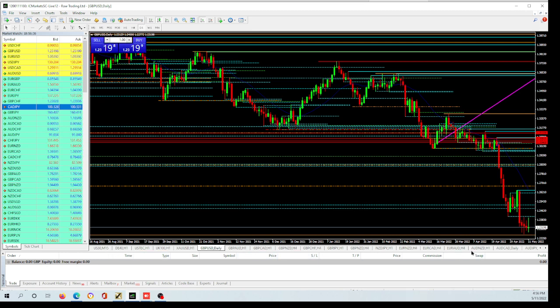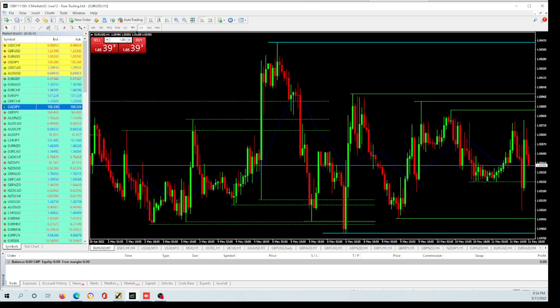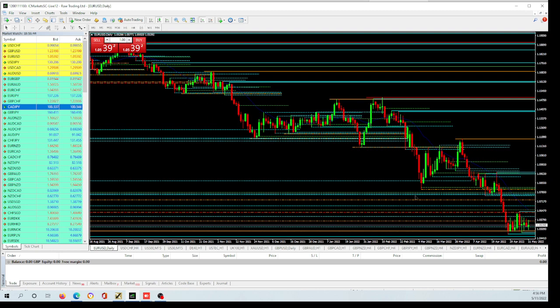Some of the trades in the group that we are in, also we are on a buy on the euro USD, because you have a consolidation. What I was telling you about, price keeps rejecting this.